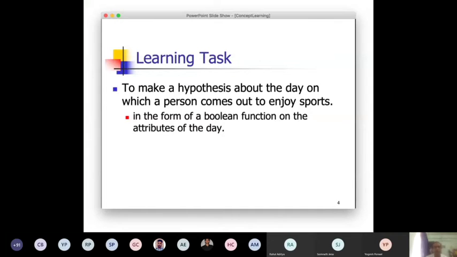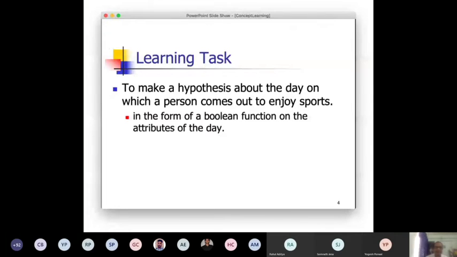Once the form is defined, the problem becomes more specific: instead of calling it a form, we say it's a hypothesis, so we discover a hypothesis from a space of hypotheses.